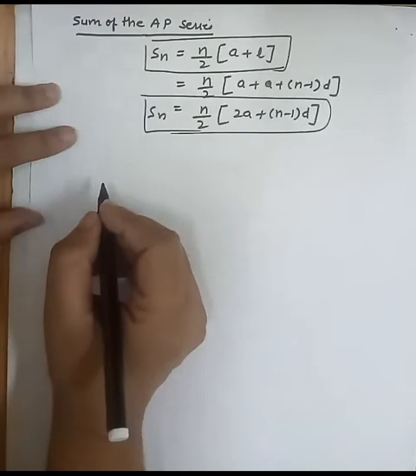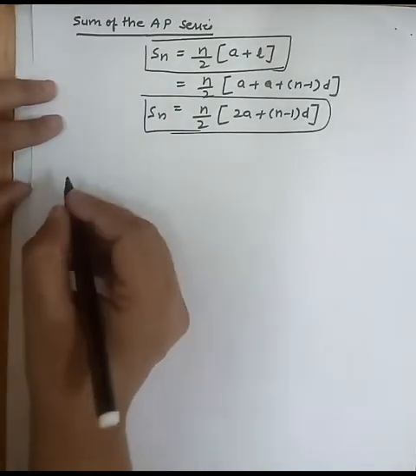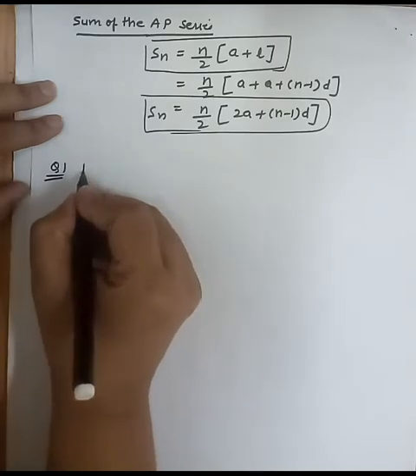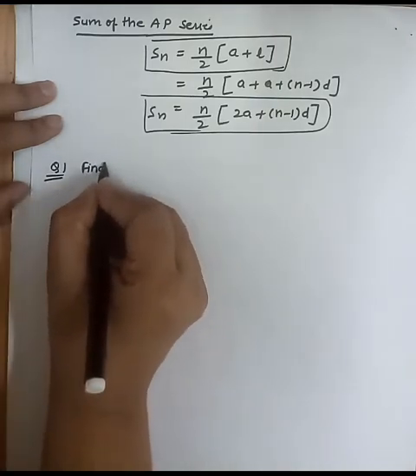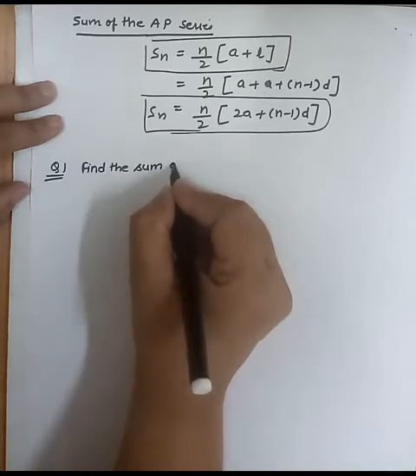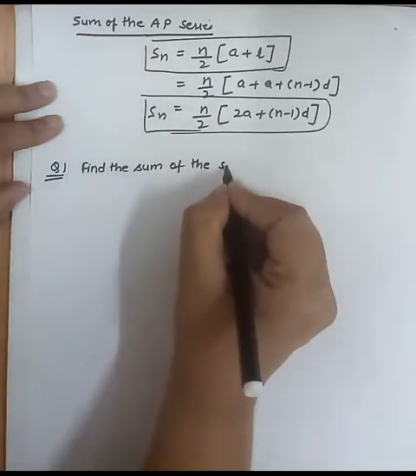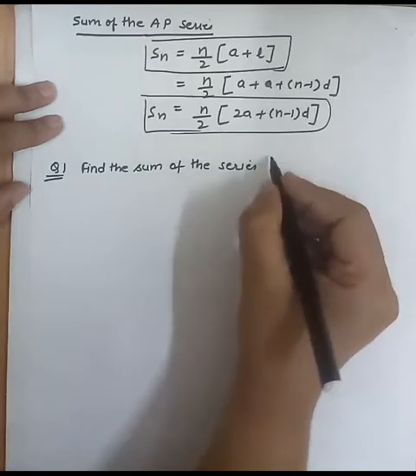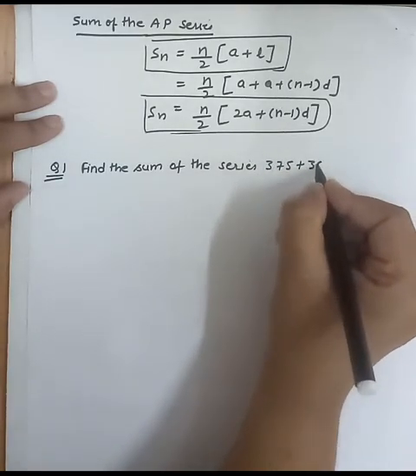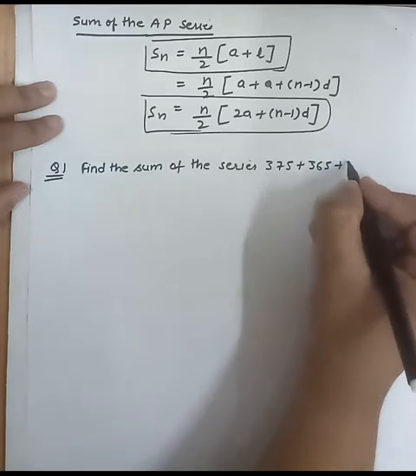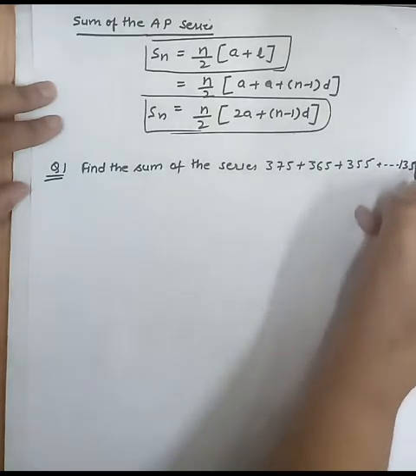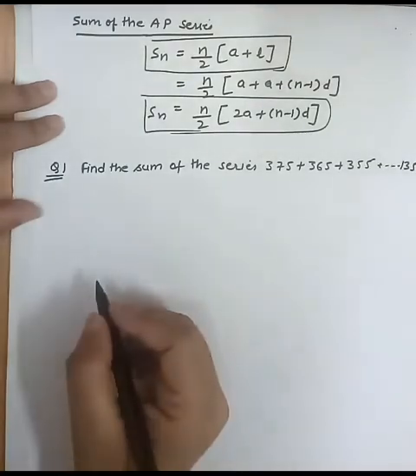Okay, now taking an example. Taking the first question: find the sum of the series 375 plus 365 plus 355 and so on up to 135.